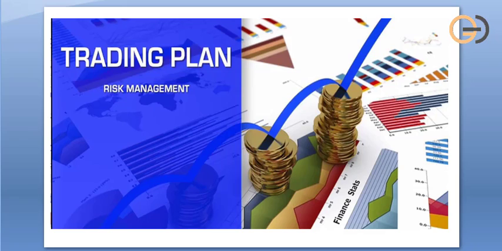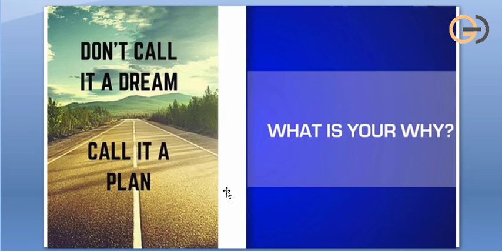You need to enter your trades with precision. You need to be sure of what you're doing. You need to calculate your pips in profit and your pips in loss, how much you are going to lose and how much you are willing to gain. So all of these are very, very important as a trader in developing a trading plan.